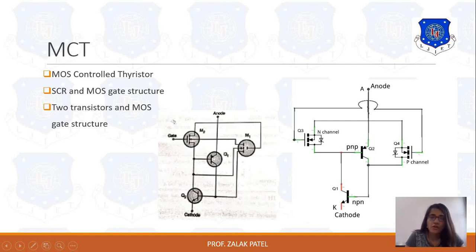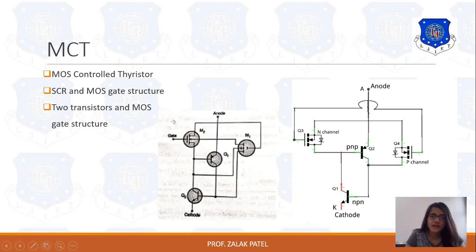So for turning on, first of all we apply a negative voltage to this device. Because of the negative voltage applied to the device, M1 will start conducting. M1 means the P channel MOSFET will start conducting. Because M1 starts conducting, its base current is applied to the Q2 transistor.